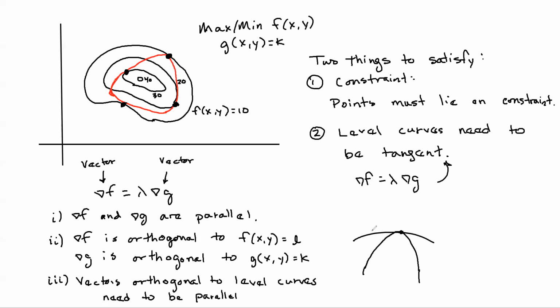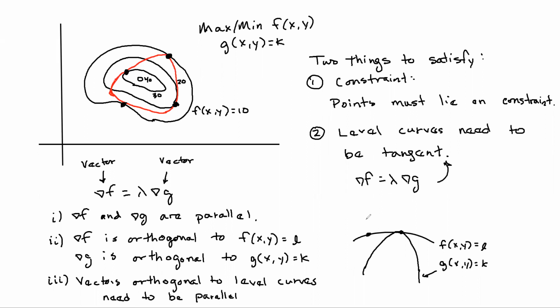Right, so if we were to put the gradient vectors on here, let's suppose this one here is f of xy equals L. And this one here is g of xy equals k. All right, so what do the gradient vectors look like?